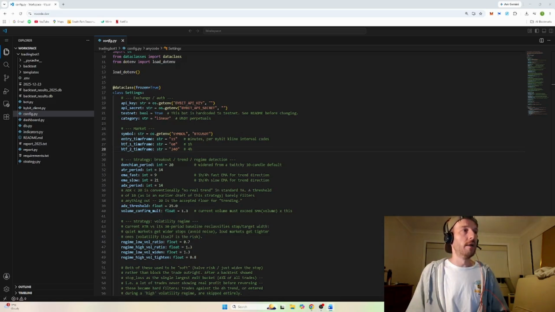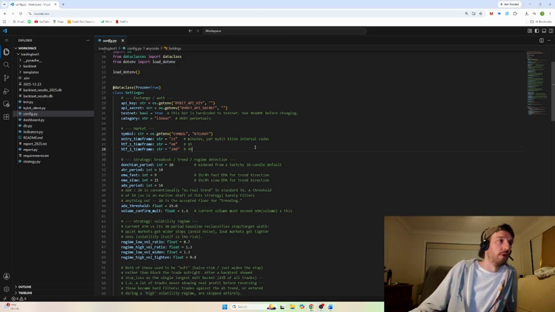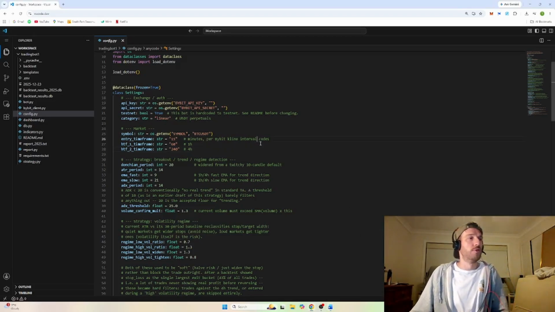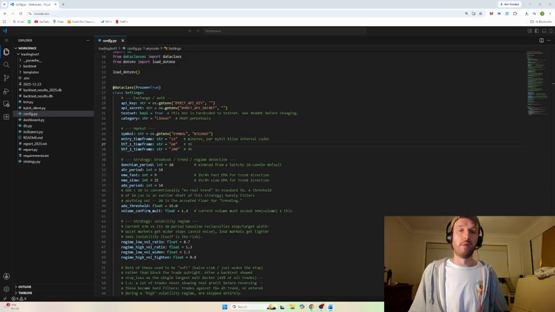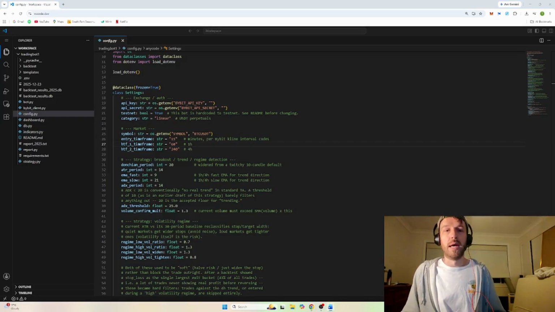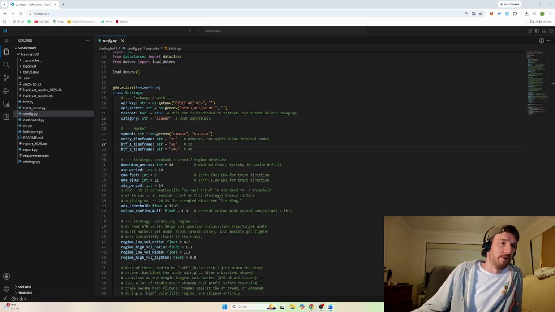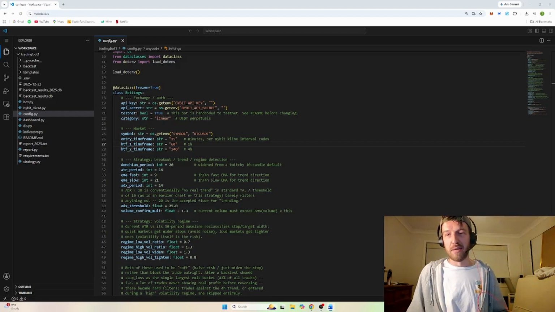When I launched this bot with Claude, I was under the impression that I would be running the bot straight away, either on testnet or on mainnet. I've now come to the realization that that's not going to happen. What I really need to focus on is the backtesting process.